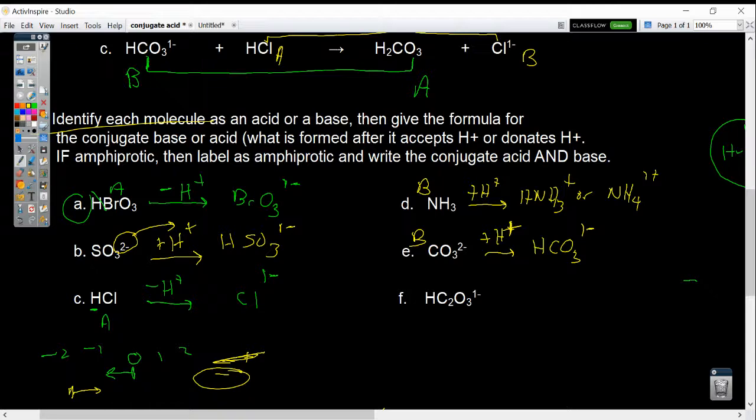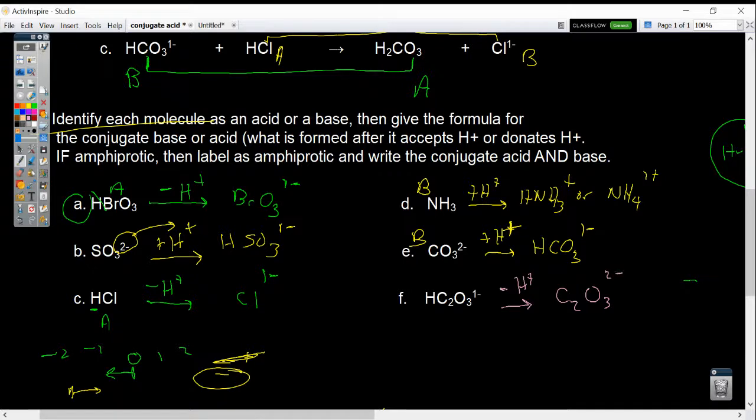Don't add H, add H positive. Our last little tidbit is this groovy little guy down below in letter F. In letter F, you have the H up front, so you think it could be an acid, and so you slap down, if it's an acid, it's losing H positive. So I'm going to have C2O3, and it was 1 negative, and I lost a positive, so it's going to become even more negative and be a 2 negative.